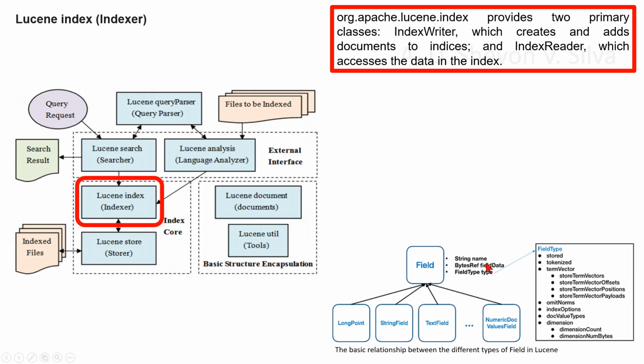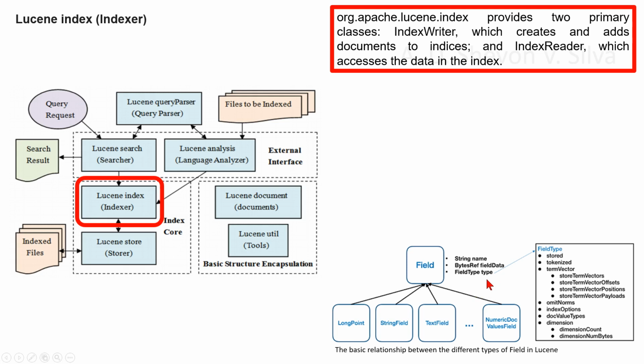Field's data is the value of the field. The values of all types of fields are ultimately represented as binary byte streams. The attribute type is the type of field, which determines how the field is indexed. FieldType is an important class containing many important attributes. The values of these attributes decide how the field is indexed.